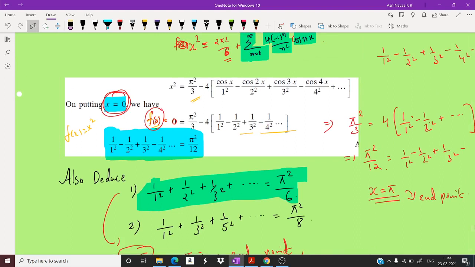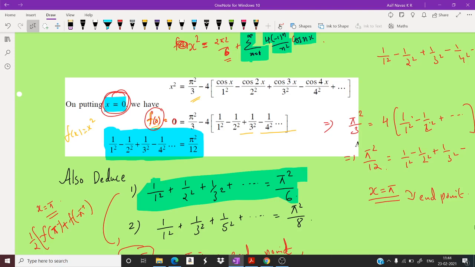Otherwise, if it is an endpoint, x equal to pi is an endpoint, therefore I will take 1 by 2 times the left hand limit f of pi minus plus f of minus pi plus.